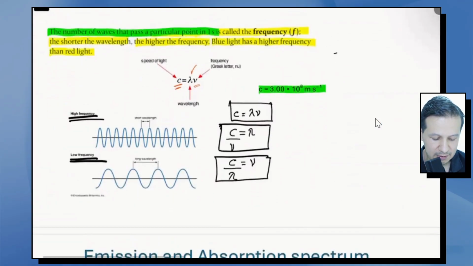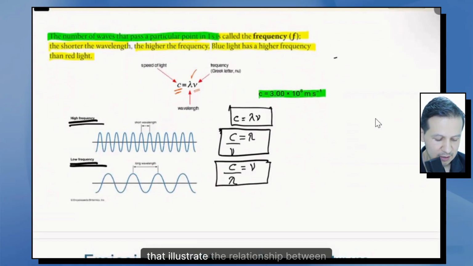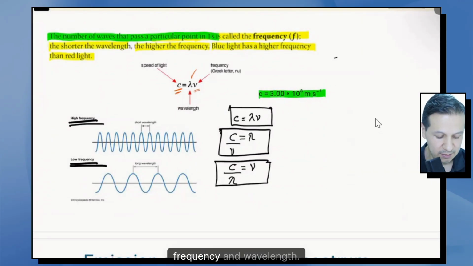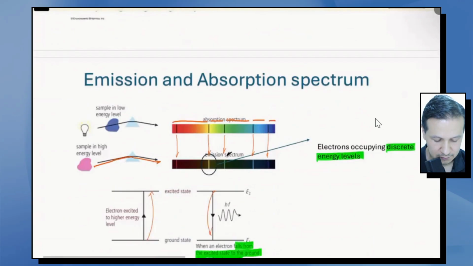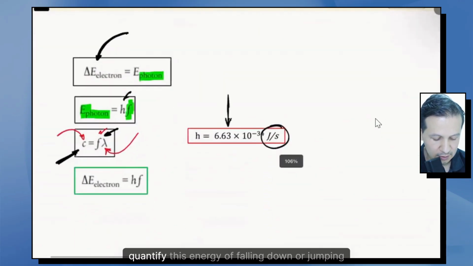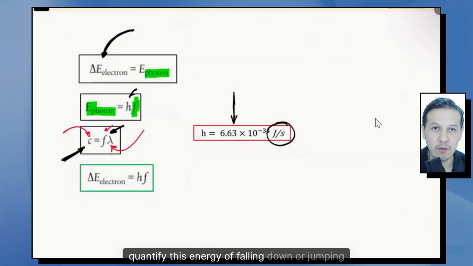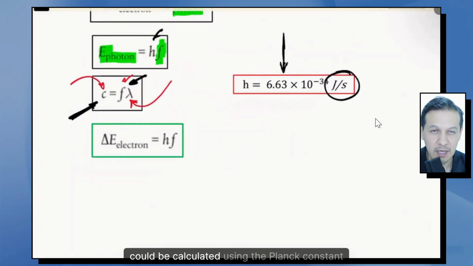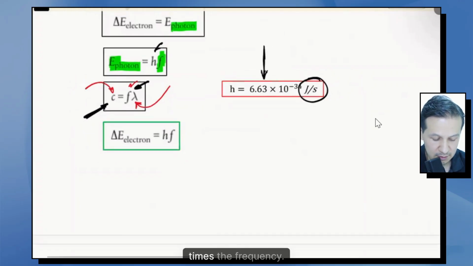Then we completed some equations that illustrate the relationship between the speed of light, frequency, and wavelength. We talked about the emission and absorption spectrum. We quantified this energy of falling down or jumping with this equation: the energy of the electron equals the energy of the photon. And the energy of the electron could be calculated using the Planck constant times the frequency.